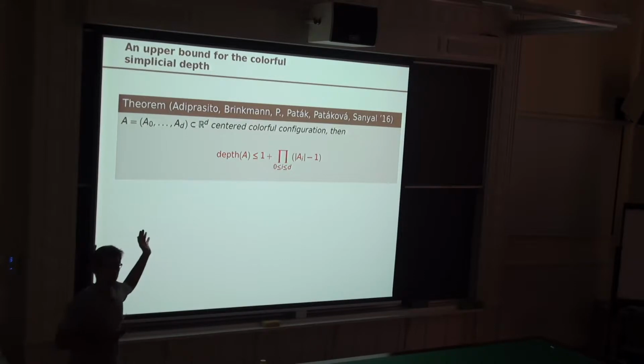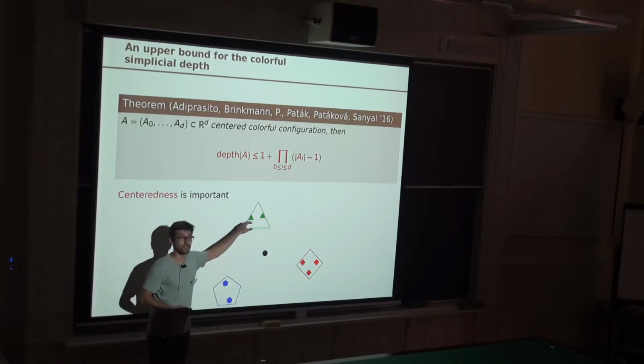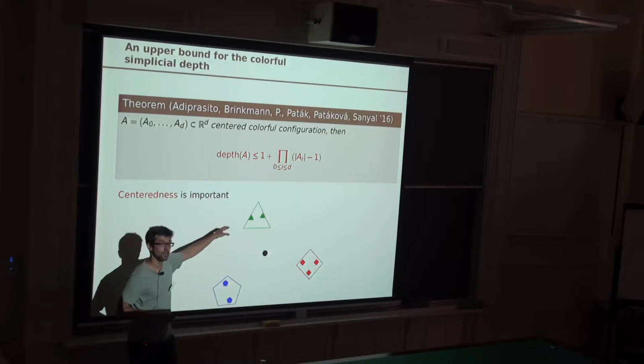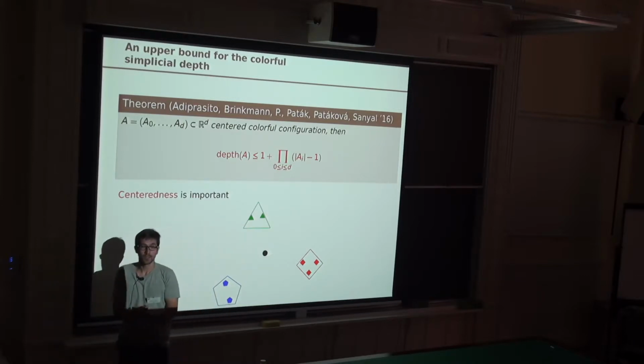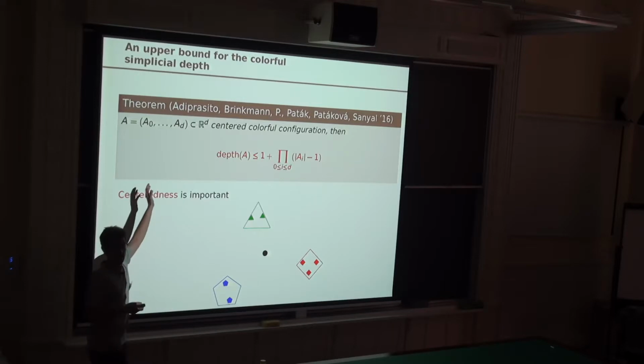Here, of course, this only makes sense if you have this centered condition, right? Otherwise, you can have all colorful simplices hitting, right?